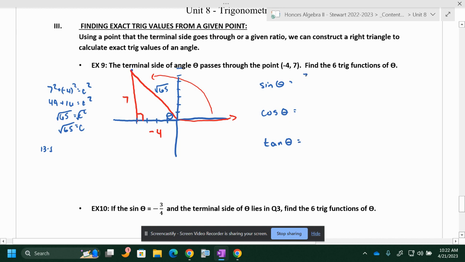So sine will be 7 over the square root of 65, which is 7 square root 65 over 65. Cosine, -4 over square root 65. So -4 square root 65 over 65. And then my tangent is -7/4.